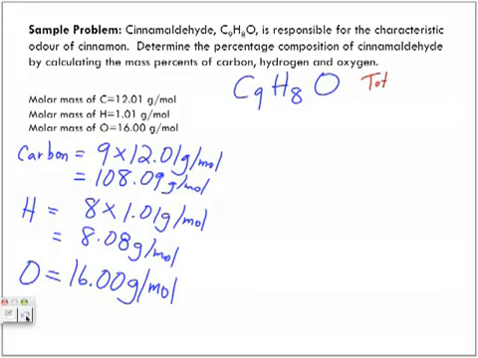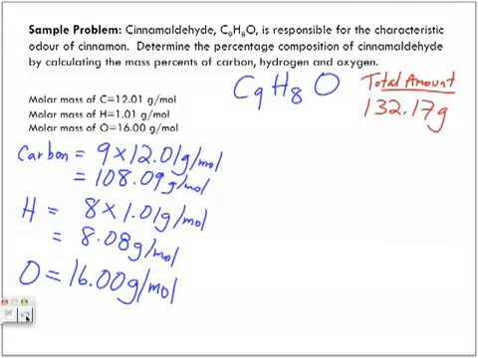Okay. So the total amount, what was it? 132.17 grams. So what do you think we're going to do to find out the percentage of each and every single one of those elements? Divide those numbers. Exactly. So we're going to do carbon.